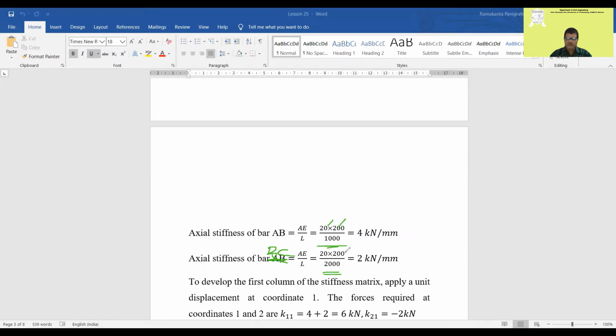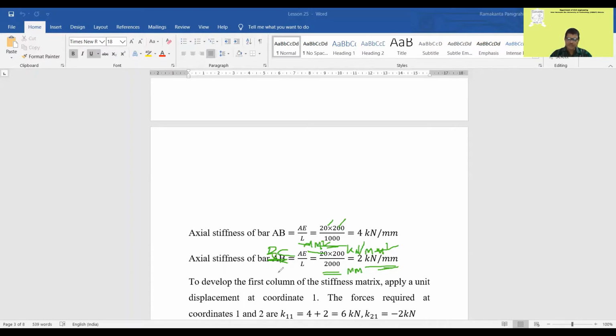Your E is in kilonewton per millimeter square, area is in millimeter square, and L is in millimeter. So millimeter square cancels, and it comes to kilonewton per millimeter. So we find the axial stiffness of AB and of BC.